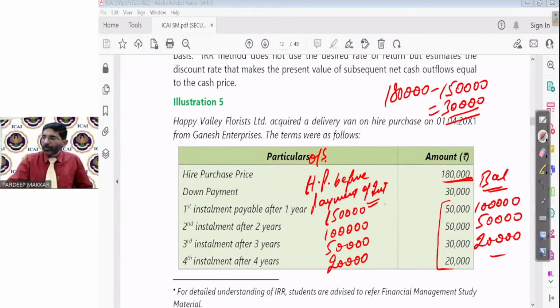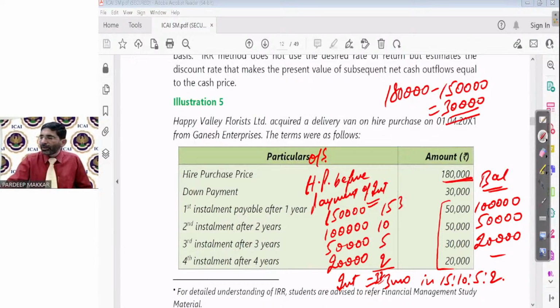And this ratio will be taken 15:10:5:2. So this is the ratio in which interest is to be allocated. So interest is equal to 30,000 in 15:10:5:2. So ratio is to be calculated this way, 32.